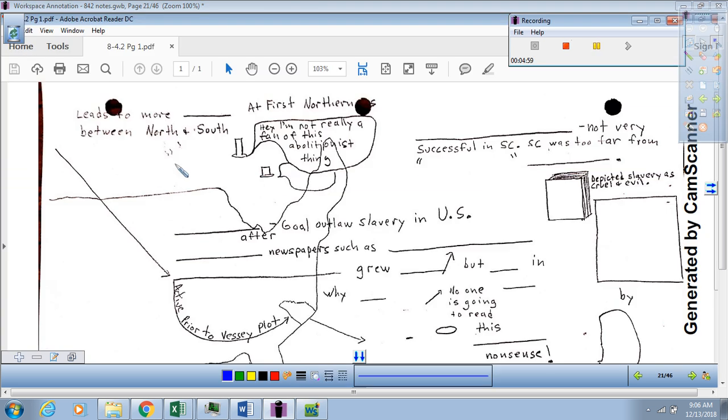The lesson today concerns mainly the abolitionist movement and its effect on Southern society, its origin, and how it spread. The abolitionist movement would lead to more tensions between the North and South, which increased sectionalism.